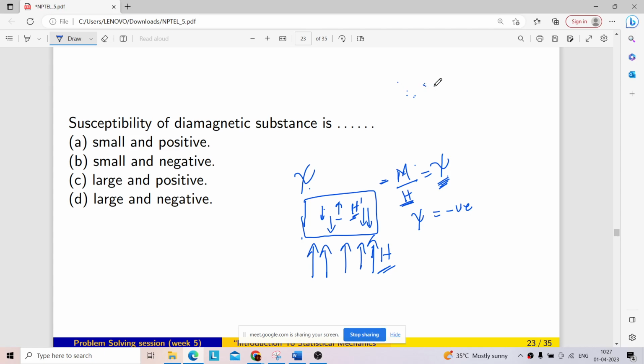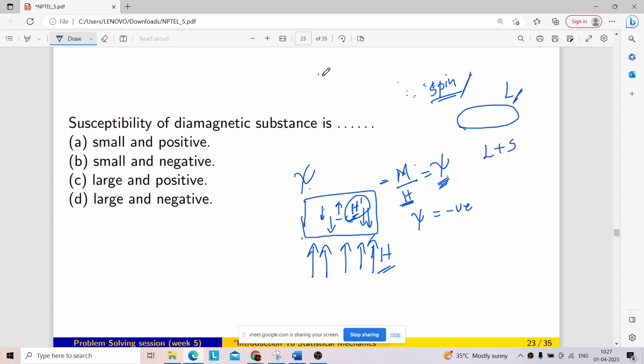Then there is no consideration of spin contribution to the induced magnetic field. So in that case, only the orbital angular momentum will contribute to the induced magnetic field. So it will always be less than the combination of L plus S, right?